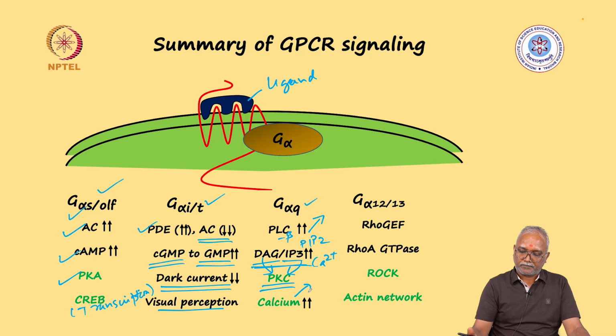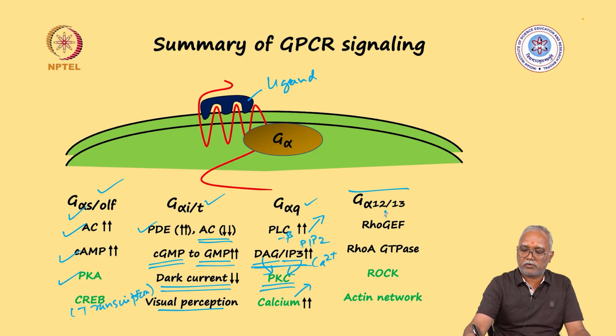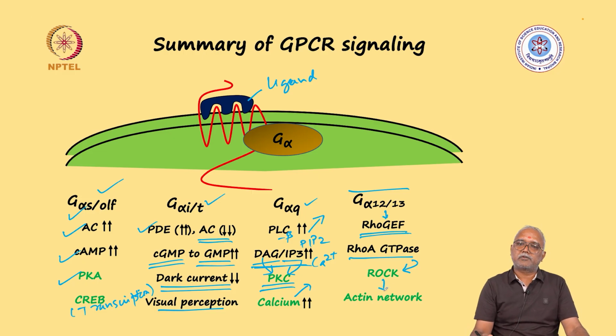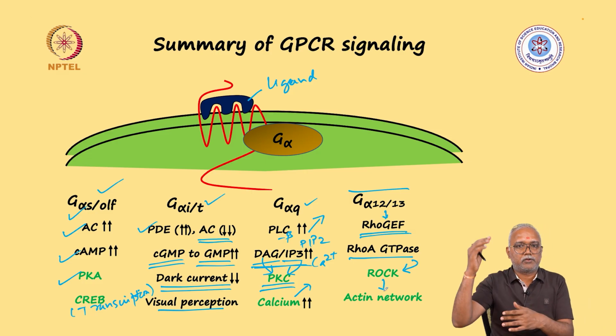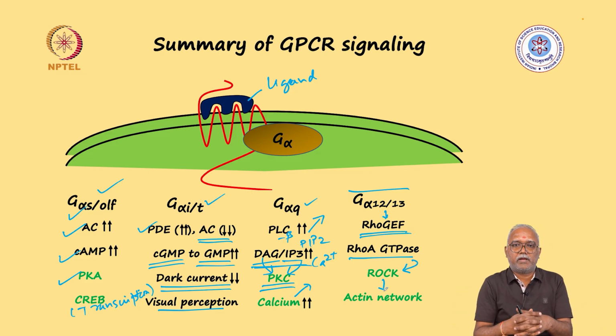And what we have understood today is that G alpha 12-13 works through Rho GTPases by activating the GEF-like molecule. Once Rho GTPases are activated, they activate ROCK kinases, and these ROCK kinases work with the actin network. We have also seen how they play independent roles, not directly impinging on ROCK, but rather going through GSK3 beta or working through some JAK-STAT pathway, to ensure that homeostasis is maintained.